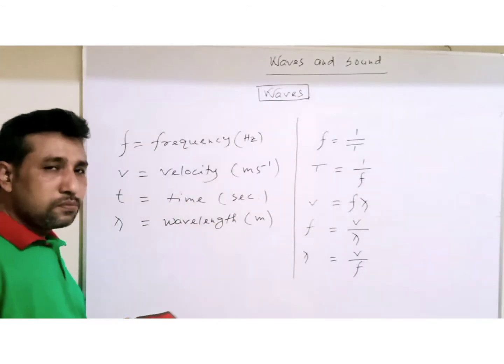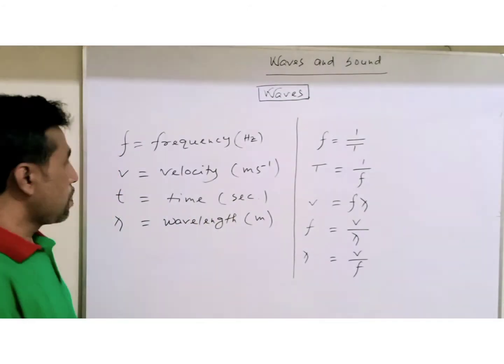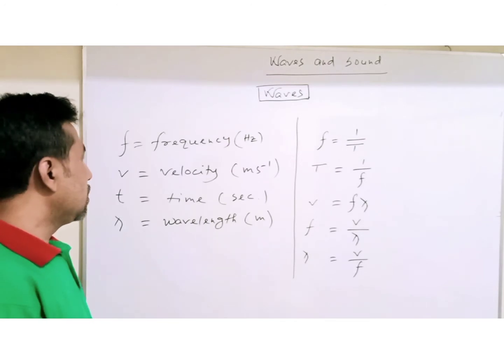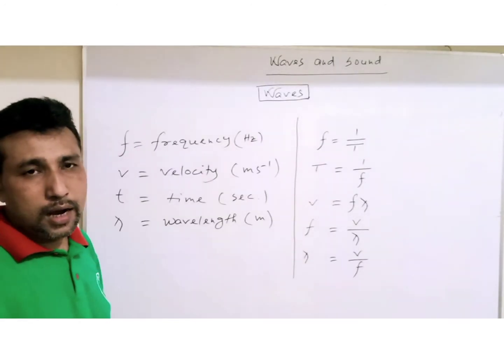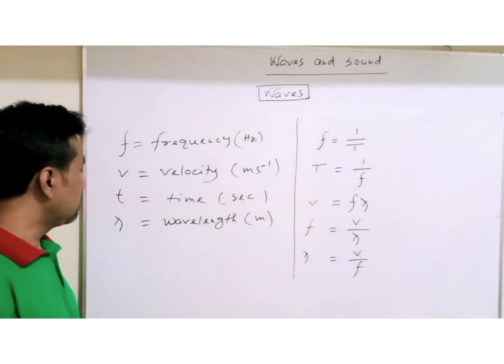Velocity, you know, the velocity of the wave differs from medium to medium. Suppose for a sound wave, it is least in a gaseous medium and highest in a solid medium. Later we'll discuss it.